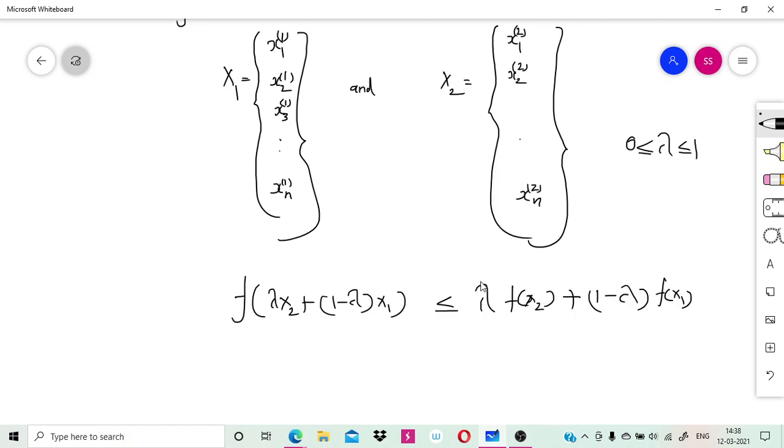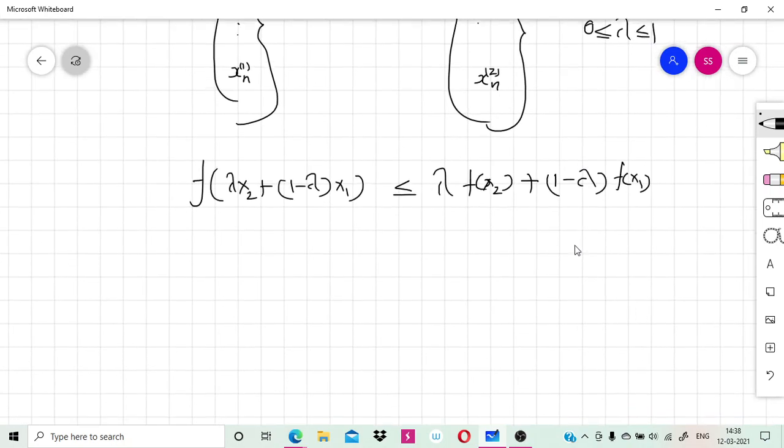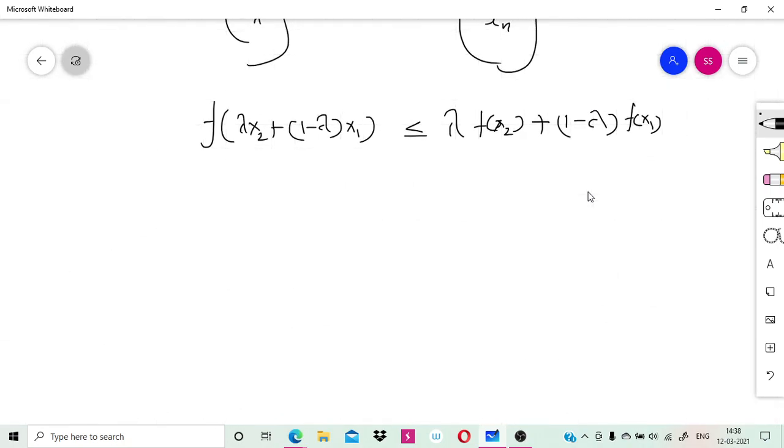In order to understand graphically what we mean by a convex function, we can take an example. Let us consider f of x to be a single variable function.